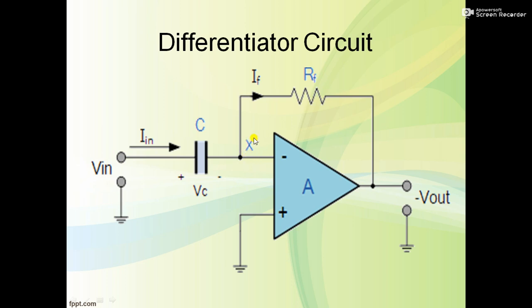And one more thing, the voltage at node X is equal to the voltage at node Y. The voltage at node Y is 0 volt, so V of X is equal to V of Y is equal to 0 volt.